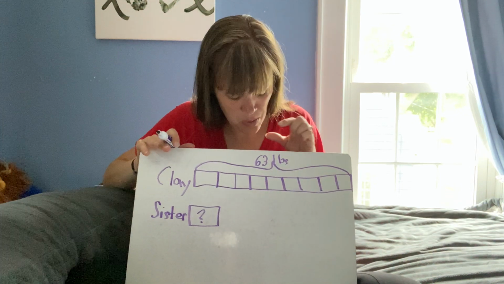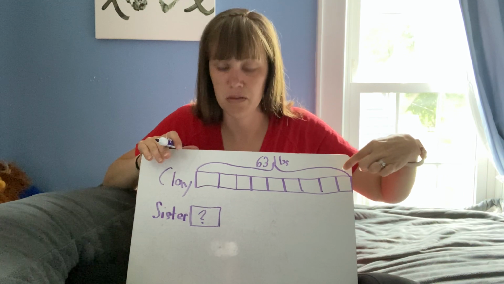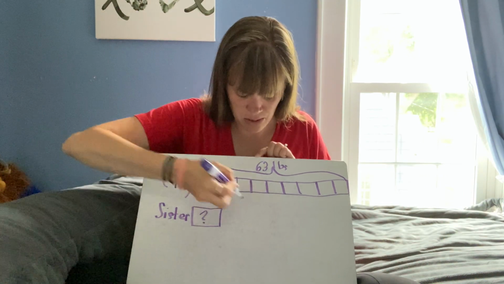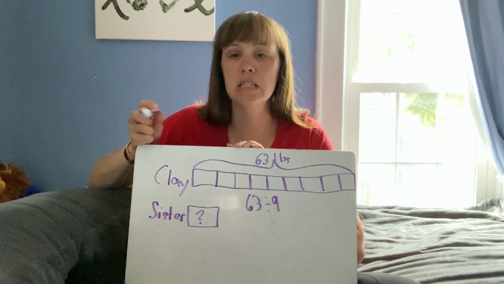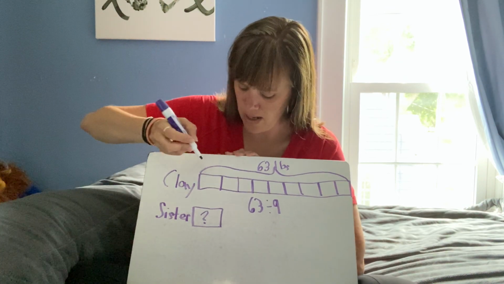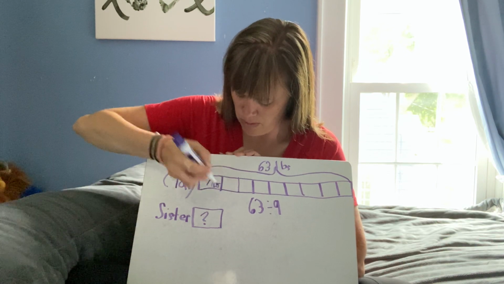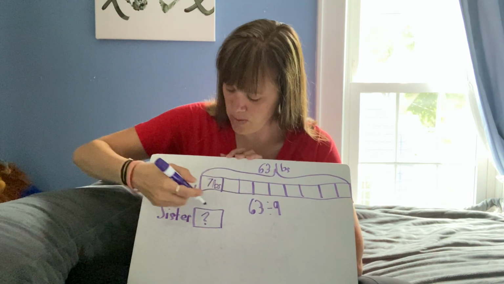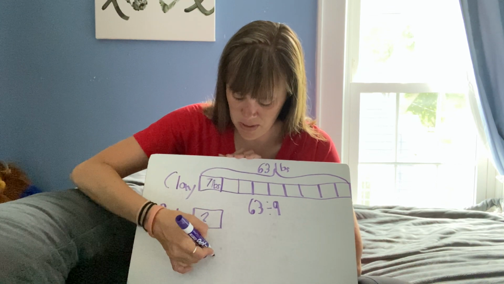Okay, so how do we figure out how much each is worth? You can take your 63 and divide it by 9. You get 7 pounds. So each of these is worth 7 pounds. That means the sister was 7 pounds.